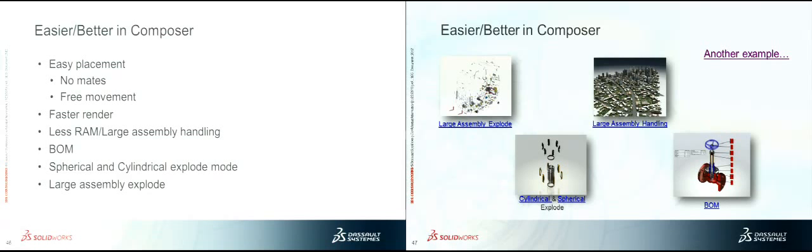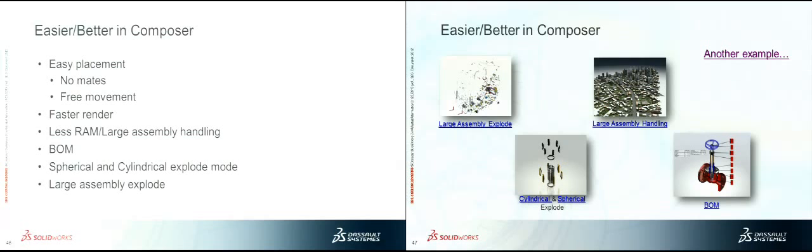Now, what's easier and better in Composer? A lot of what is easier for me is large assemblies. So all of you are obviously SolidWorks users. You get a really large assembly, you start adding in animations, you're rendering, and you have to kind of sit there sometimes, click and wait, because it's such a huge file.